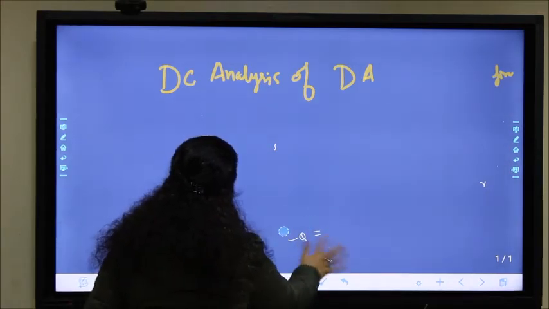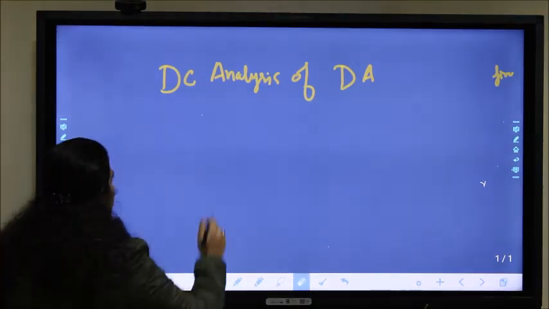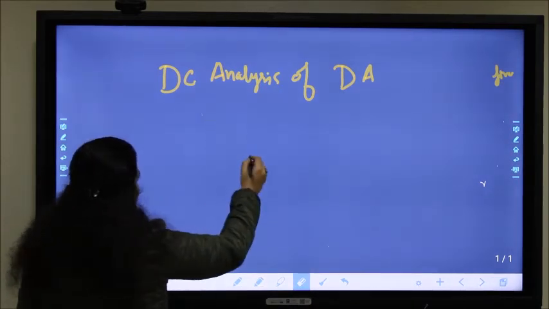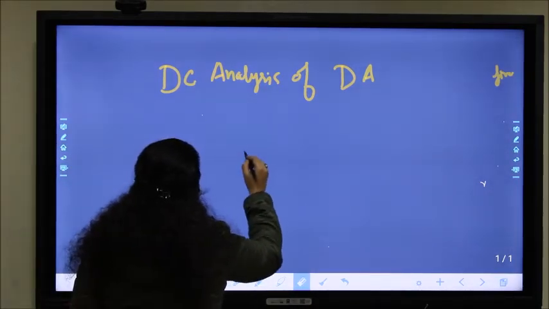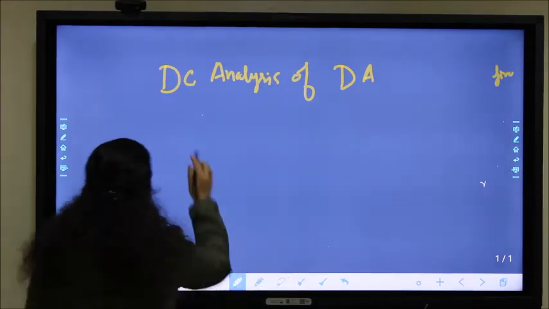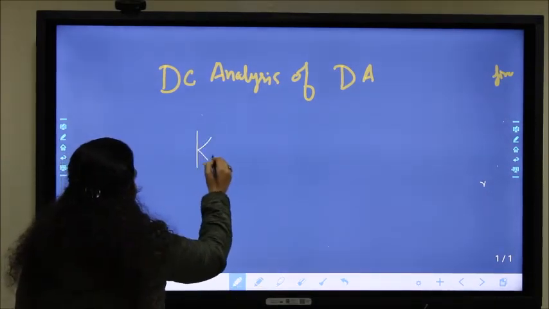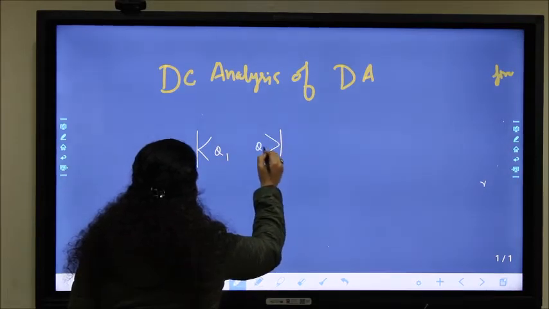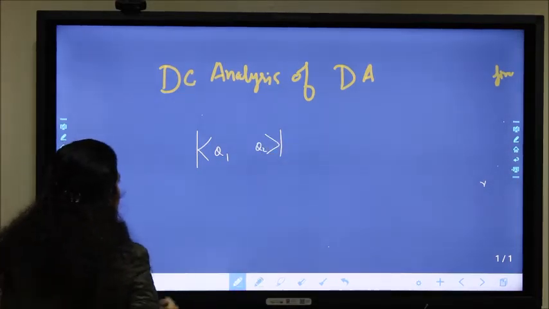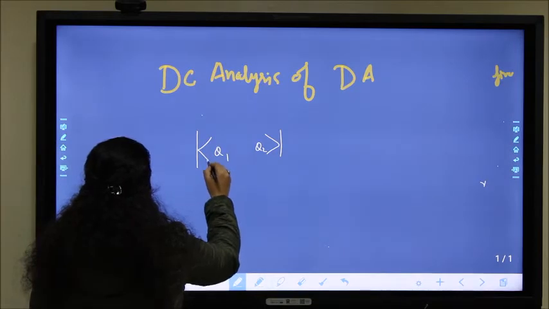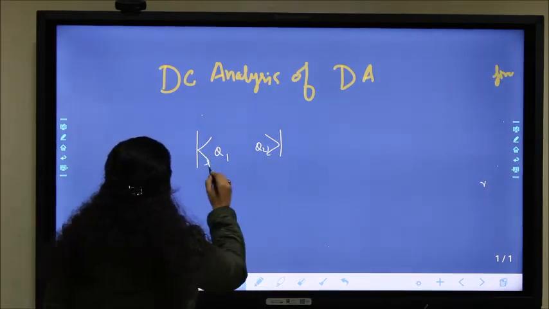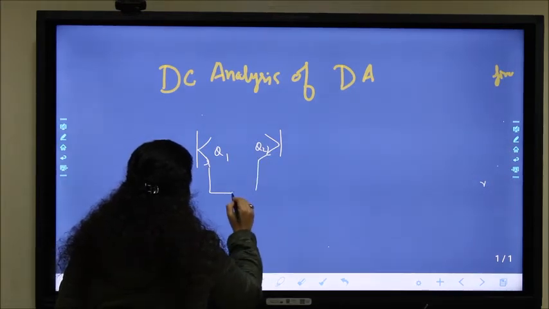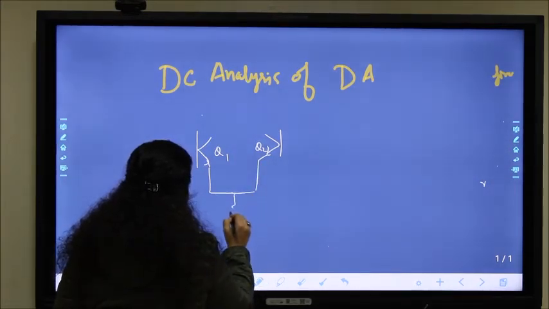We have two transistors Q1 and Q2 which are directly coupled.